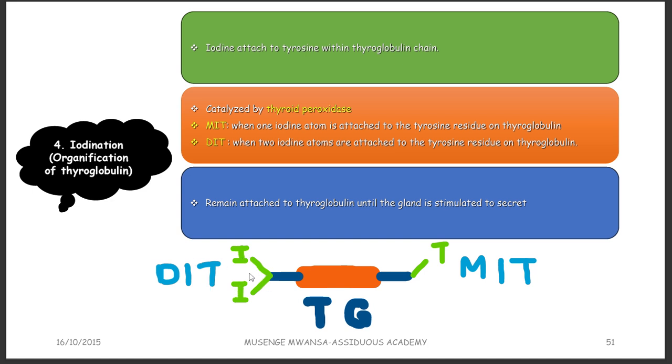So if we add two, that will be known as DIT, diiodotyrosine, because I've got two iodines to one tyrosine, or monoiodotyrosine, MIT. So these ones are going to remain attached to thyroglobulin until the gland is stimulated to secrete the hormone.